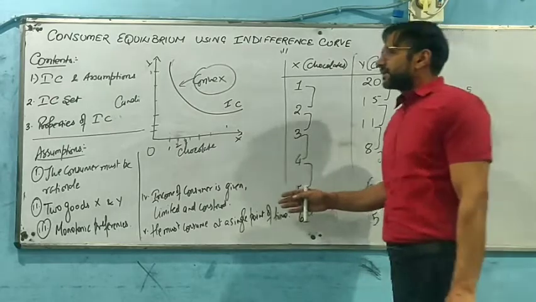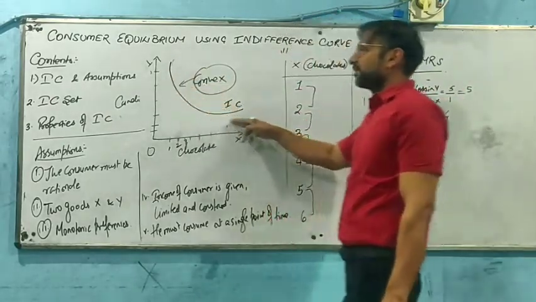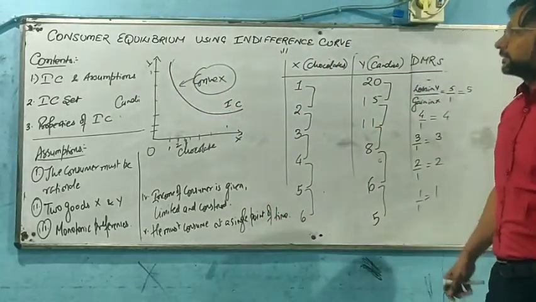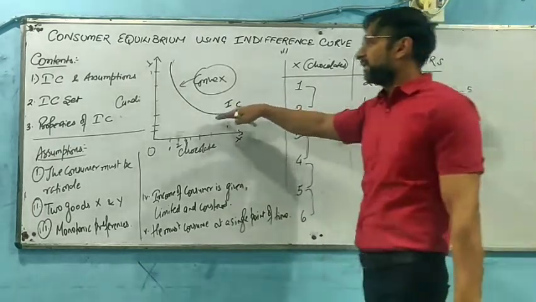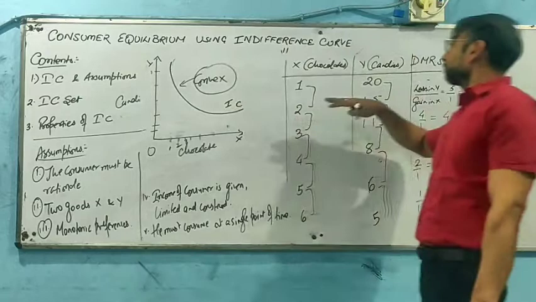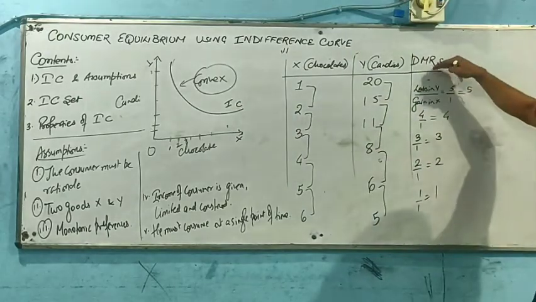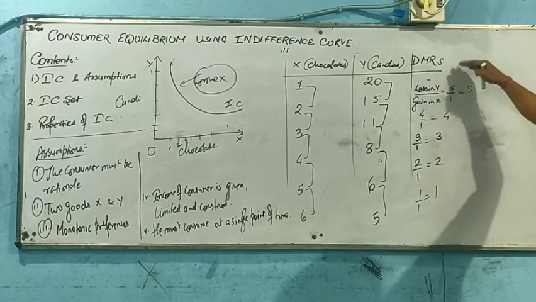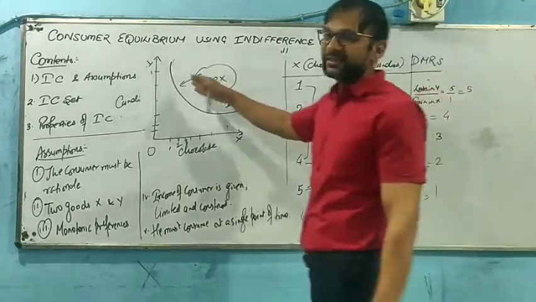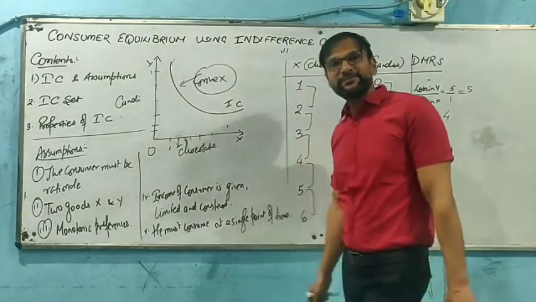So we can say the indifference curve is convex to the point of origin. This is what we call an indifference set. This is what we call an indifference curve, and moreover we can say DMRS, diminishing marginal rate of substitution, is the reason for the convexity of IC.